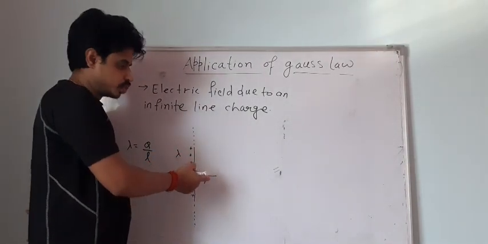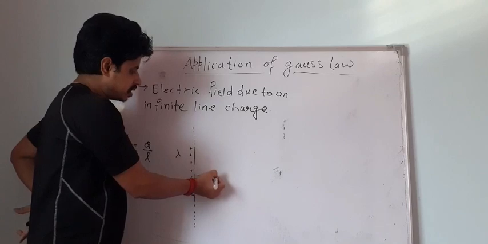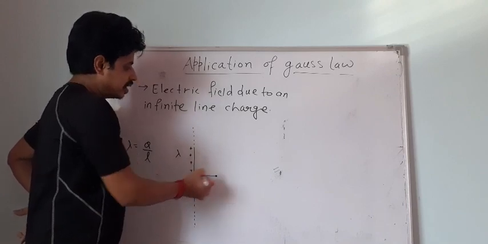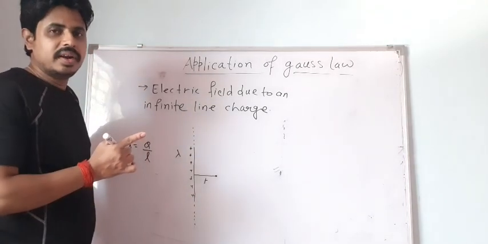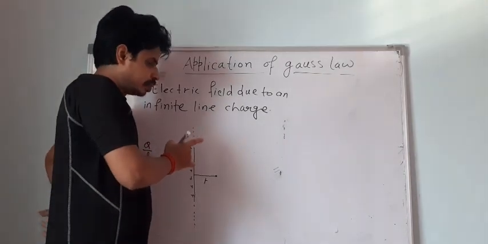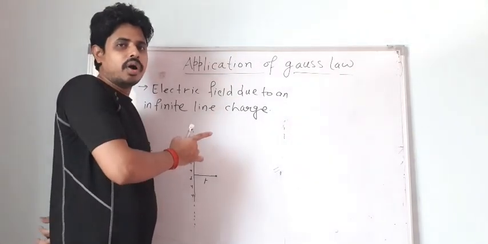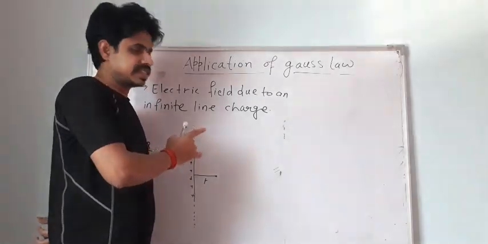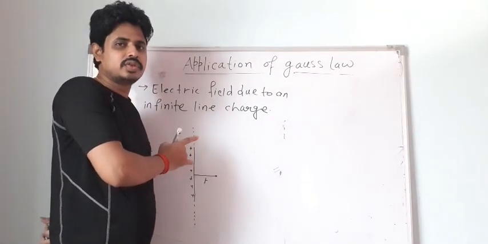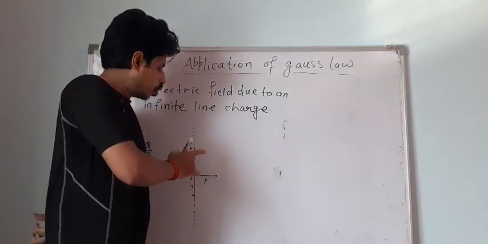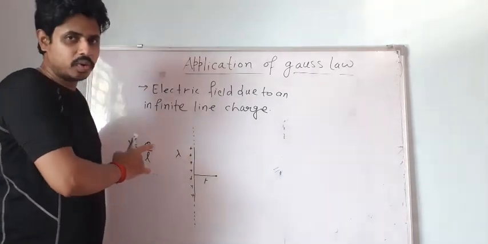My Gaussian surface should be such that the electric field should be uniform or zero over the surface. Means the electric field should not vary over the Gaussian surface.